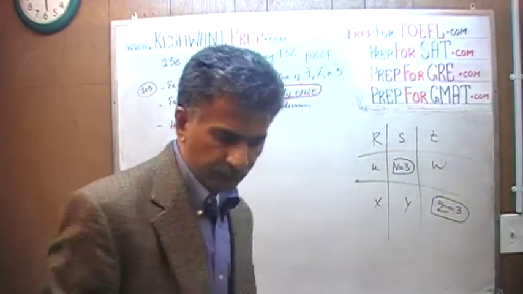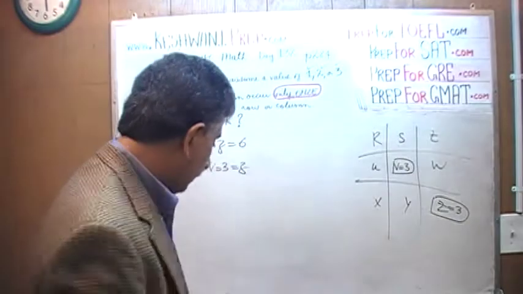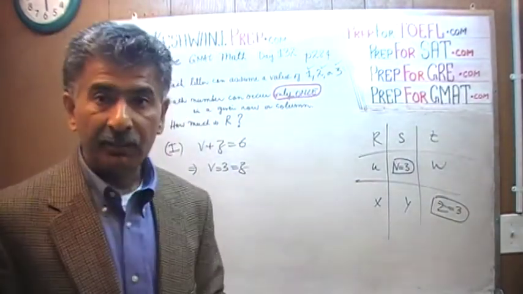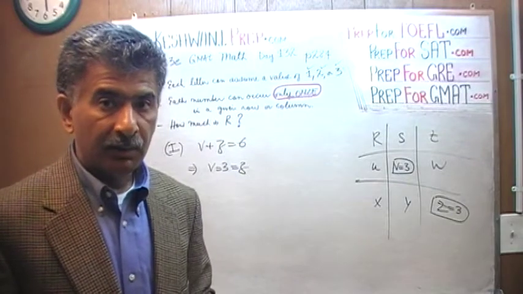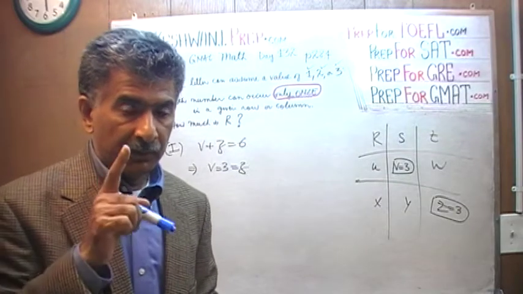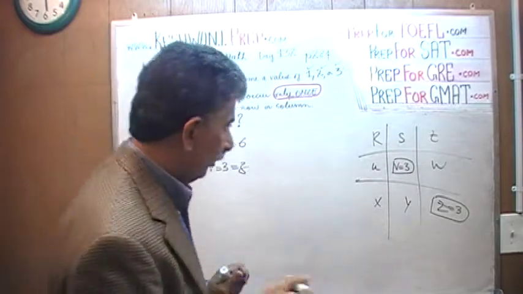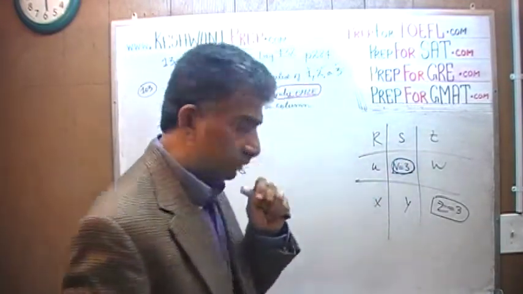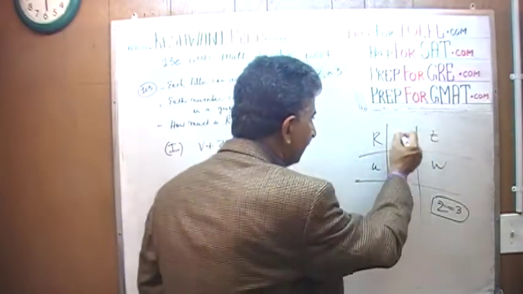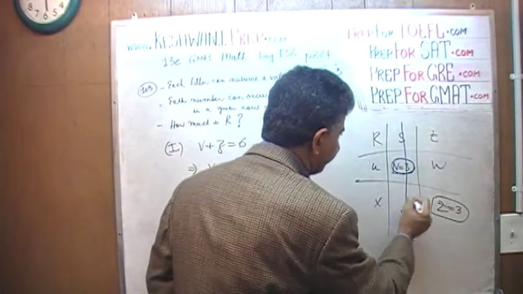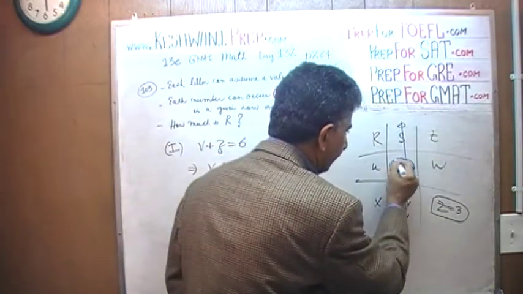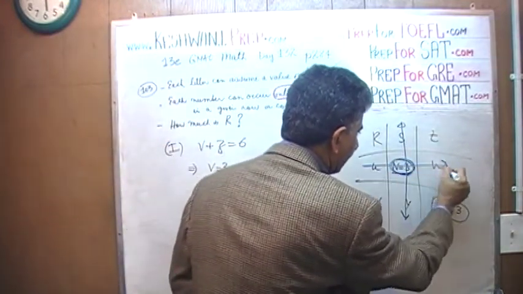Okay, now listen carefully, see what happens here. Because we are told that no number can be repeated in a given column, each column can have a number appearing only once. Because 3 already appeared here, that means 3 cannot appear in the second column. Similarly, because 3 appeared here, for V, 3 cannot appear in the second row.